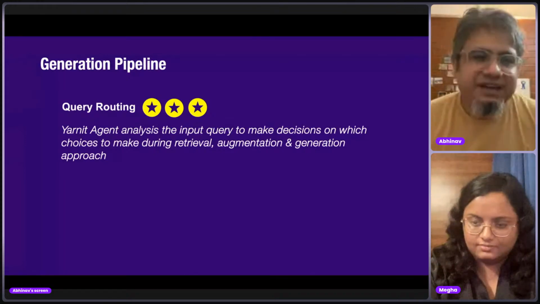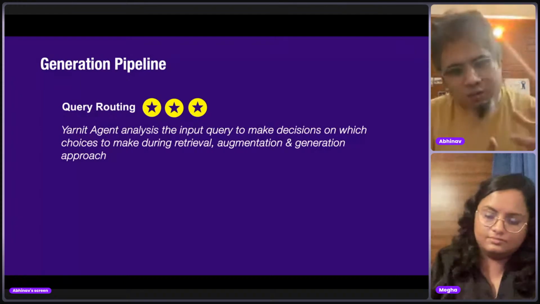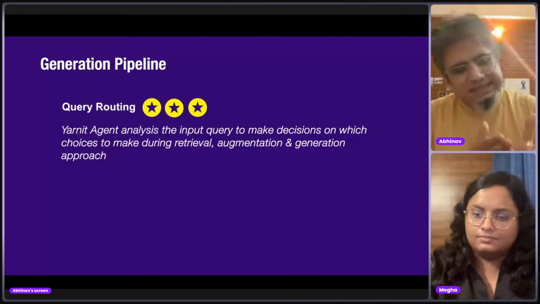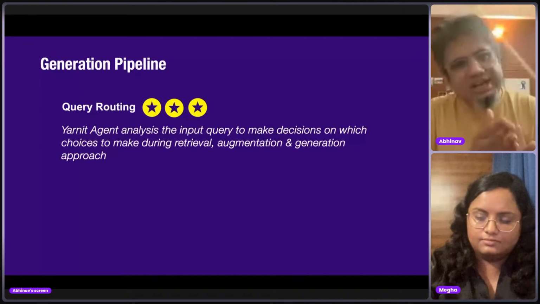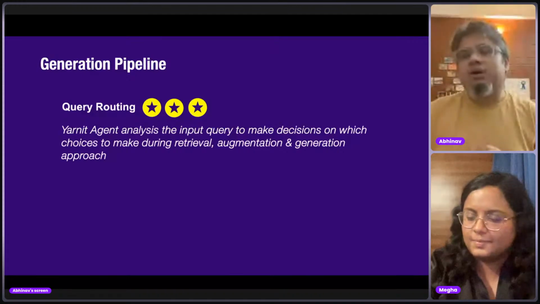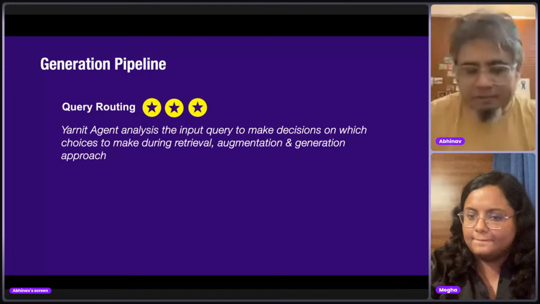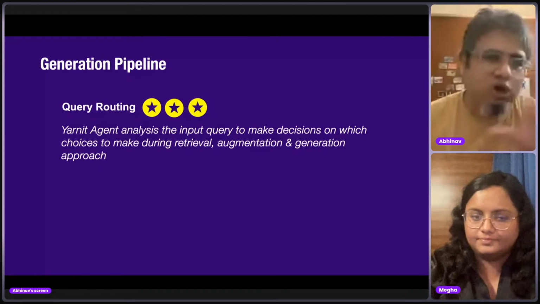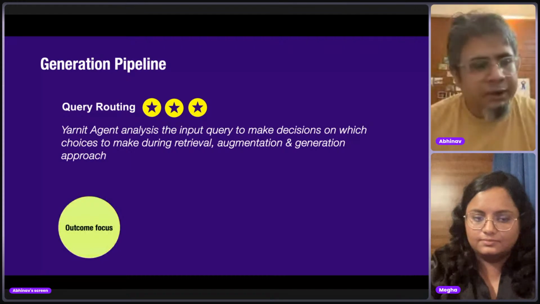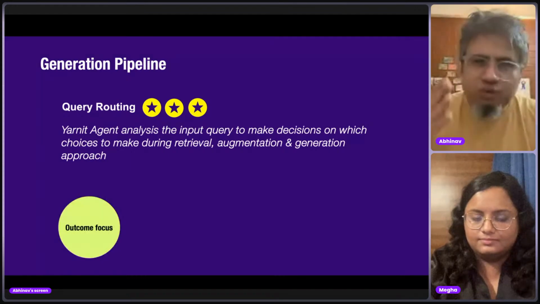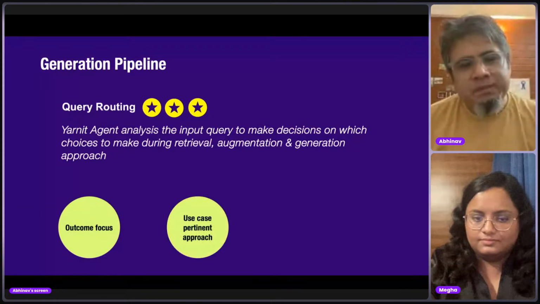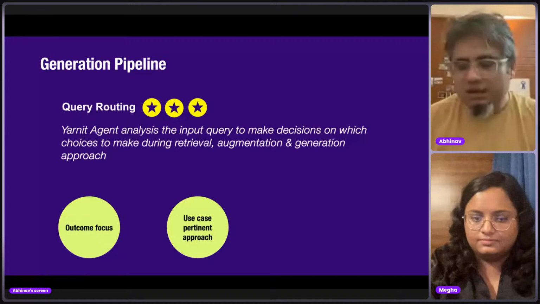It takes the input and then makes a decision about what is the generation flow that this input should take. So that is where it makes the whole process really smart and intelligent, which leads to real focus on what we are exactly looking for, the outcome that we want, very pertinent to the use cases that we are going after.